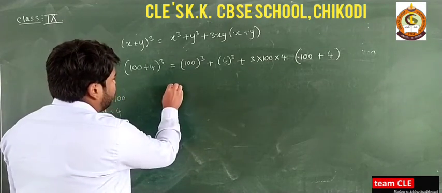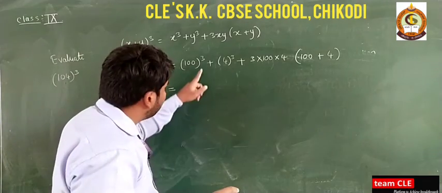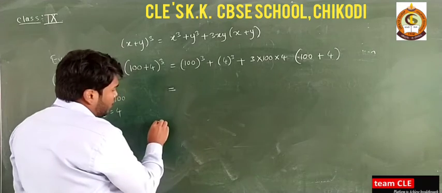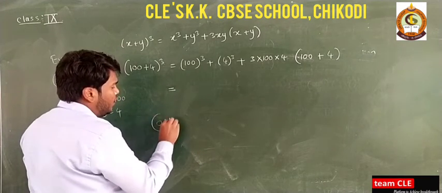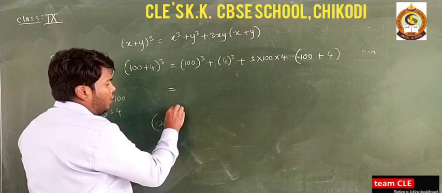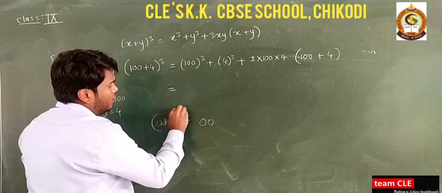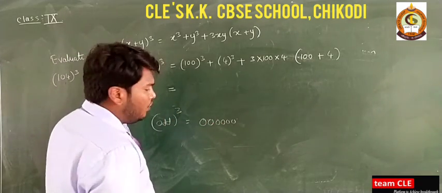Okay, so dear students, to solve this, this exponent is having the 3, means whenever we are doing the odd number, the answer will come in the form of zeros. If it is 3 means the answer will come as 6 zeros. So this you have to remember.